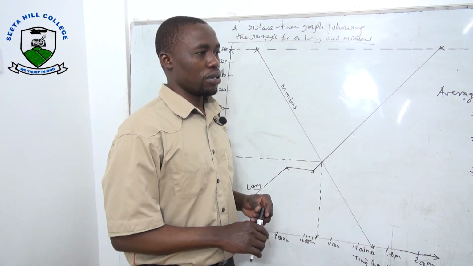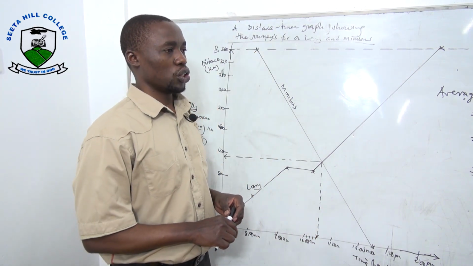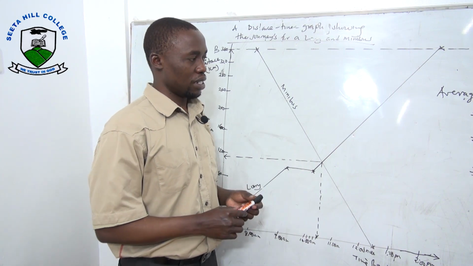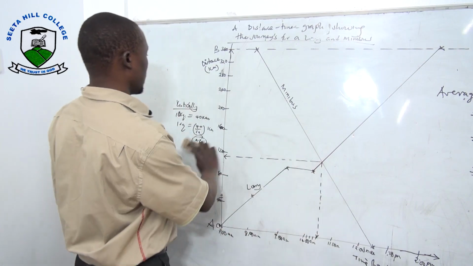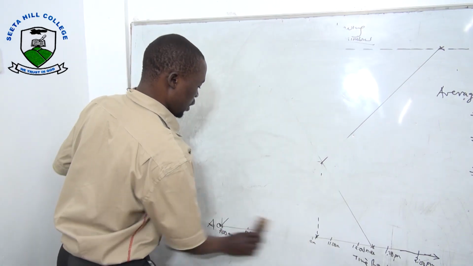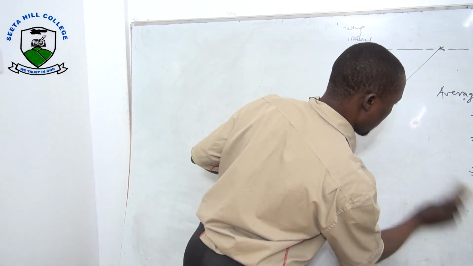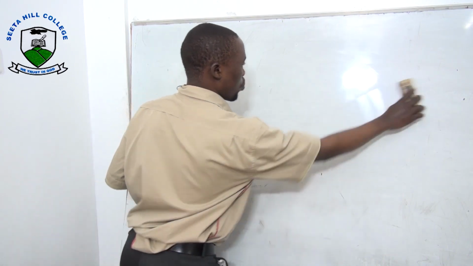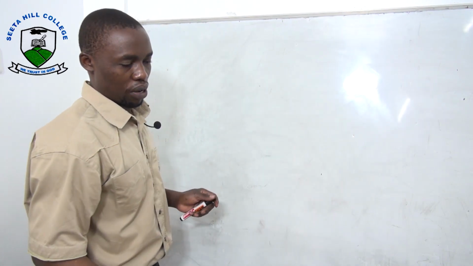I think that's all. Now we are shifting to velocity time graphs, and I think we should end on that. Velocity time graphs means speed time graphs.